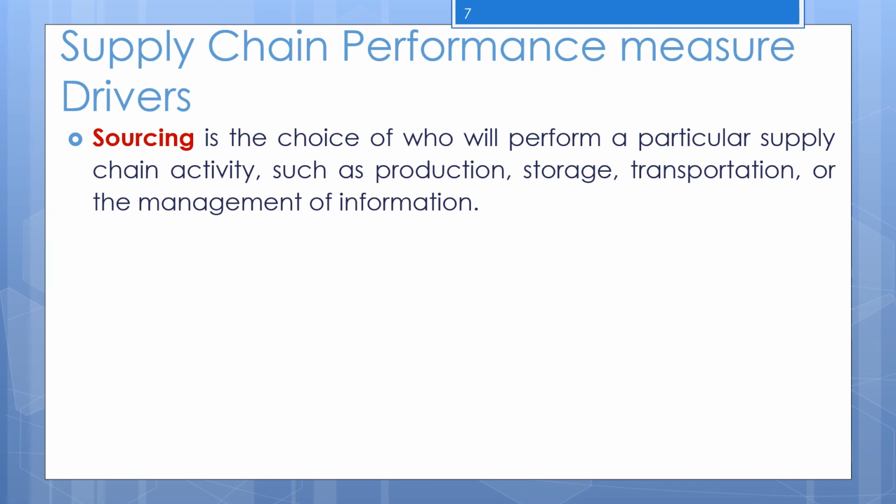The company managers can then select the suppliers and negotiate contracts with them. Contracts define the role of each supply source and should be structured to improve supply chain performance.